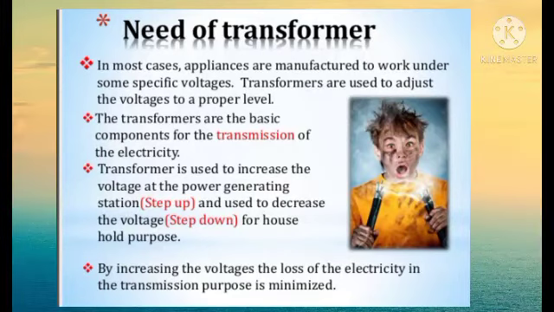Let's see the need of a transformer. In most cases, appliances are manufactured to work under some specific voltages. Transformers are used to adjust the voltage to a proper level. The transformer is the basic component for the transmission of electricity.